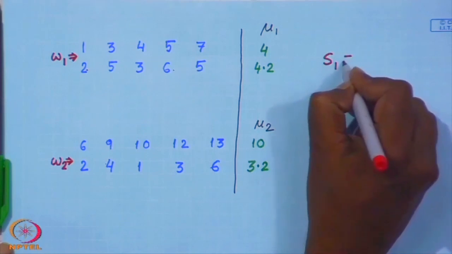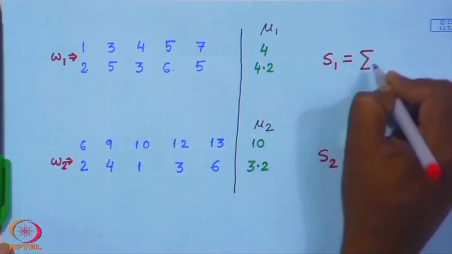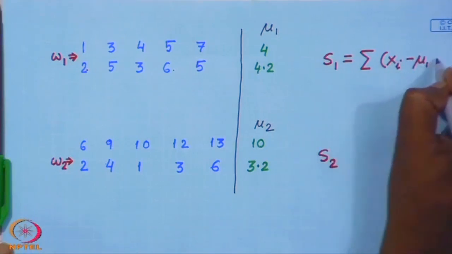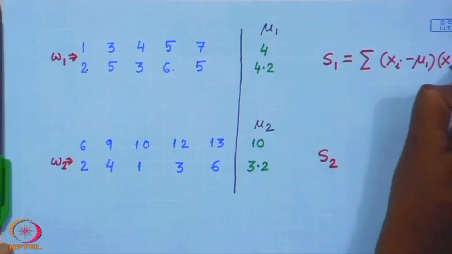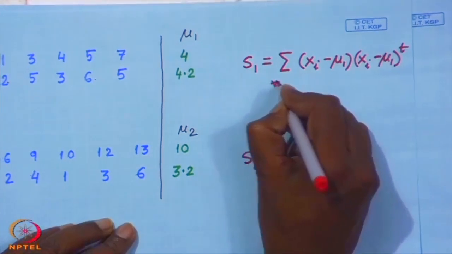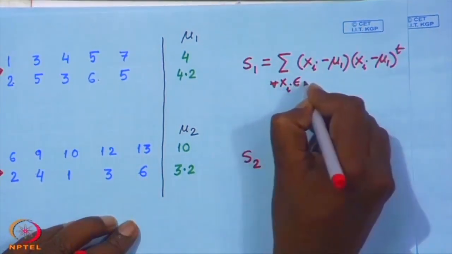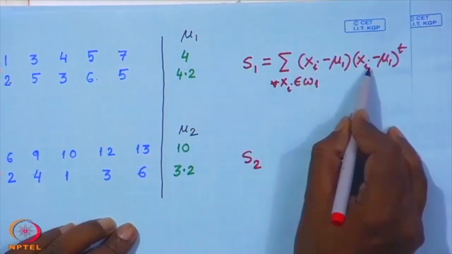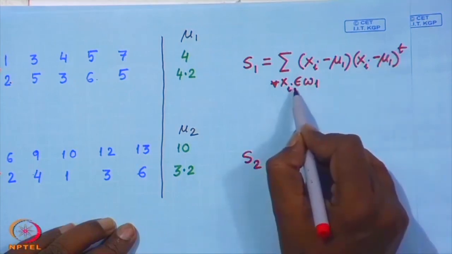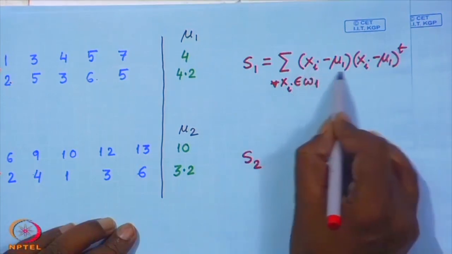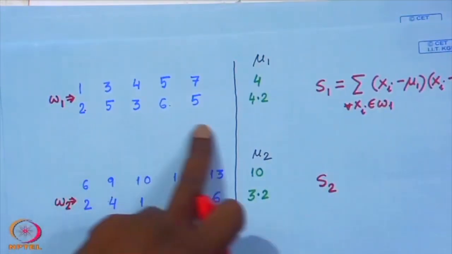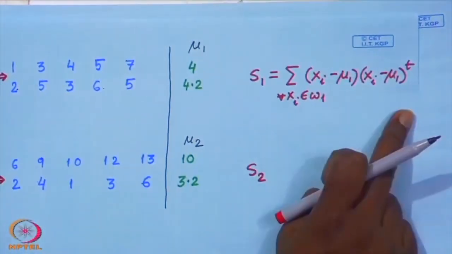S 1 is nothing but the sum of (x_i minus mu 1) into (x_i minus mu 1) transpose for all x_i belonging to class omega 1. Each of them gives me a matrix, and because here I have 5 different feature vectors, I will have 5 different matrices.